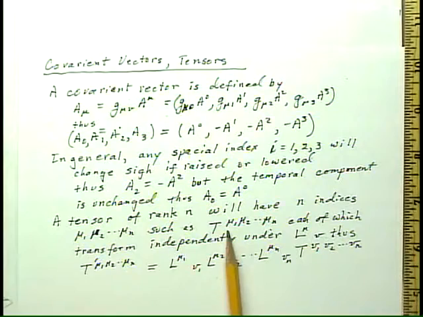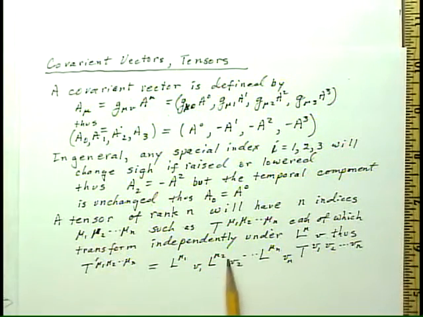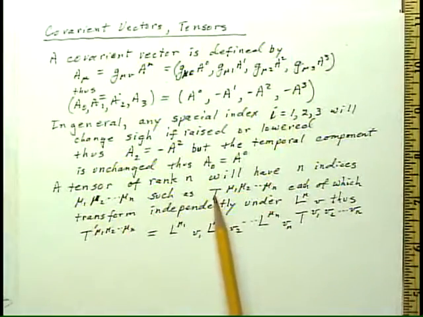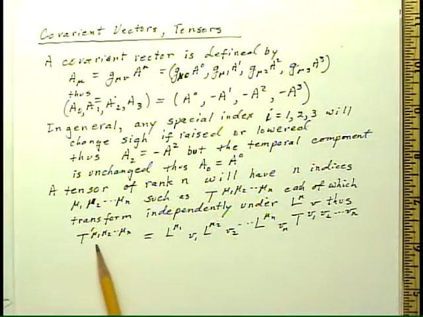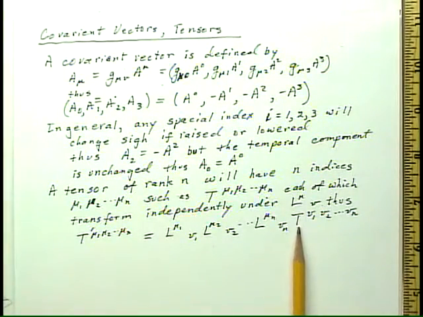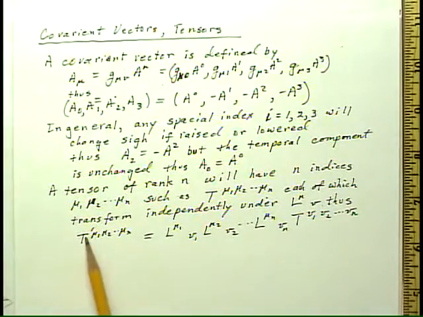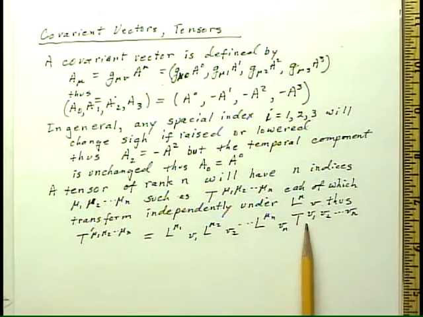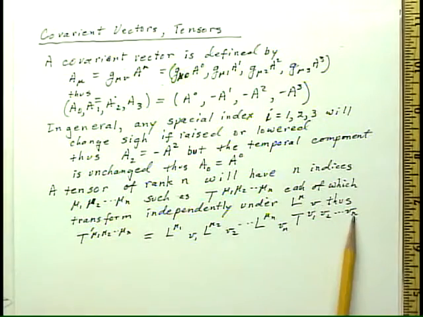Well, it changes by having each of the indices transform under the Lorentz transformation, which is given exactly by this equation here. If T is the tensor according to one observer, then the tensor according to a moving observer has the following components, where nu1 is changed into mu1 with this summation, nu2 summed over nu2 with mu2, and likewise up for all of the n different components.